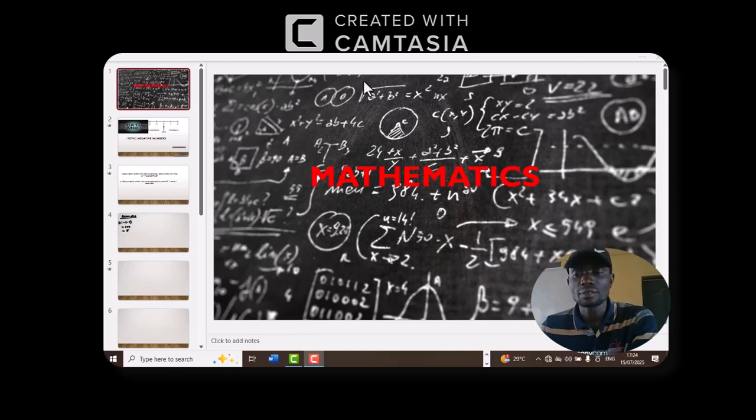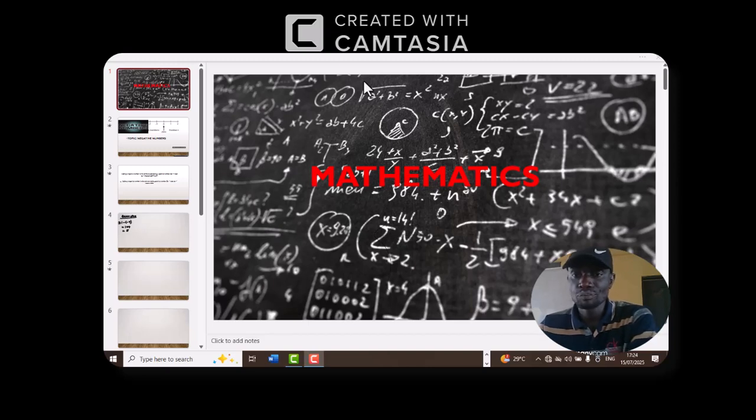B stands for bracket, O for orders, that is operations apart from division, multiplication, addition, and subtraction. D stands for division, M stands for multiplication, and A and S stand for addition and subtraction. Operations in mathematics must be carried out in that order, otherwise you will not get the correct answer.